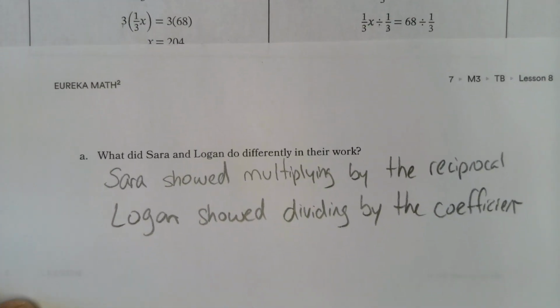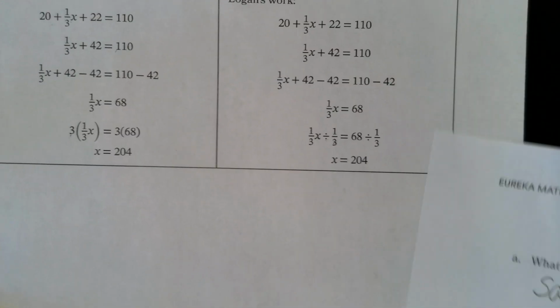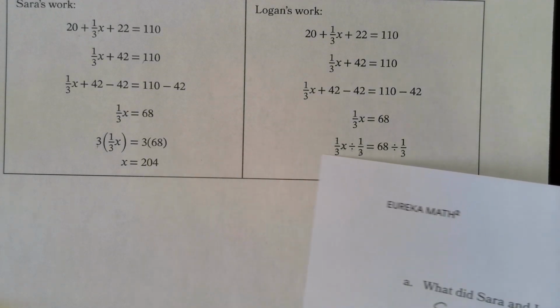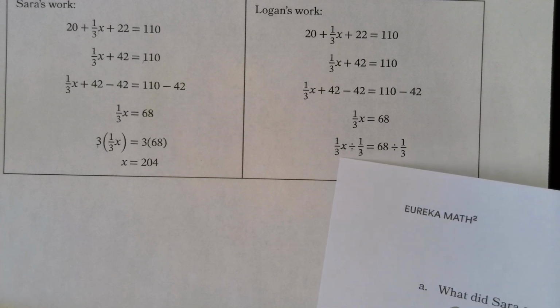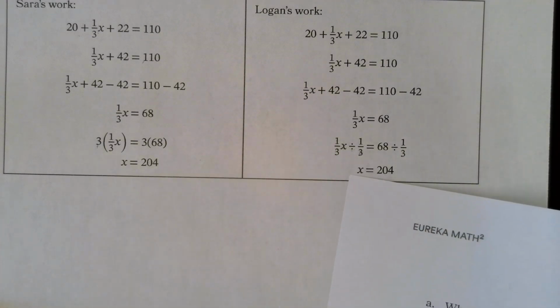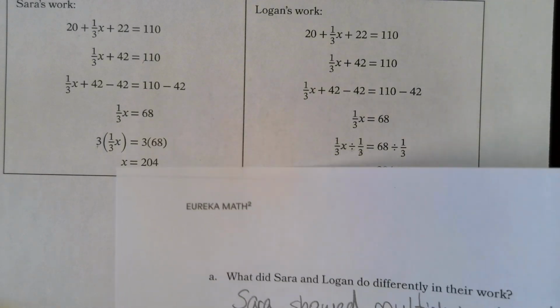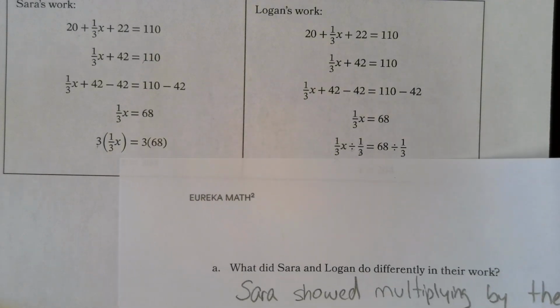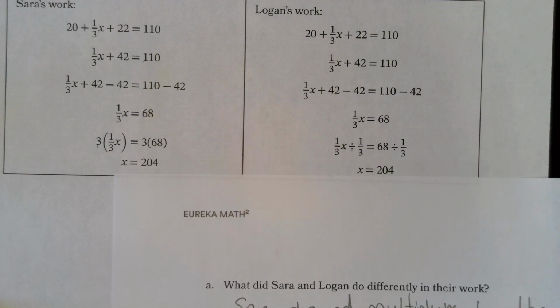So they did the same thing, they just approached it and wrote it a different way. Even though Logan wrote divided by 1/3, he's still going to have to multiply by the reciprocal in order to figure this out. However, we also know that anything divided by itself is just 1. So 1/3 x divided by 1/3 is just 1x.